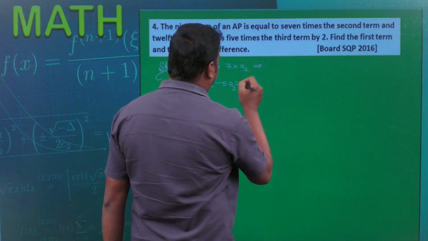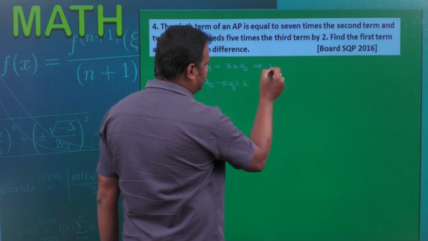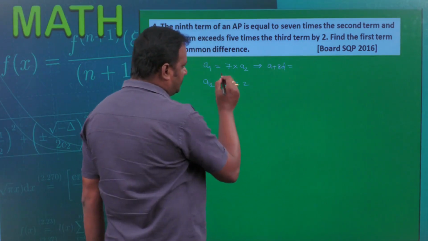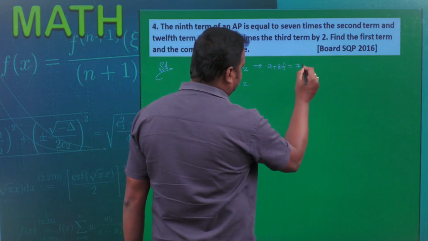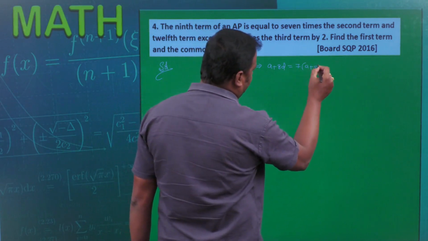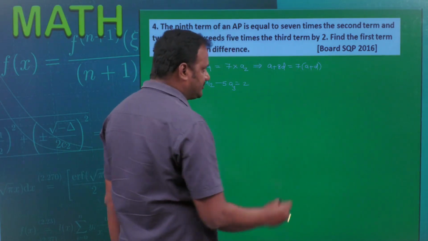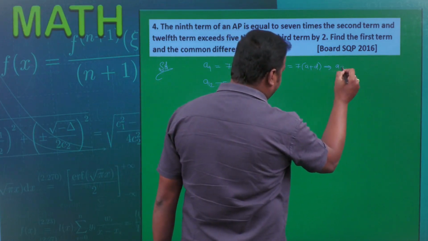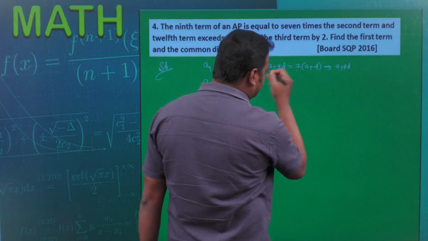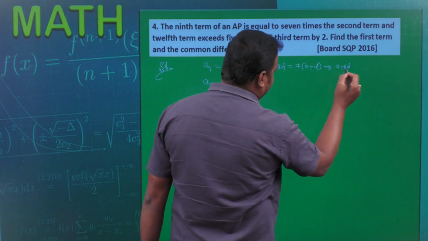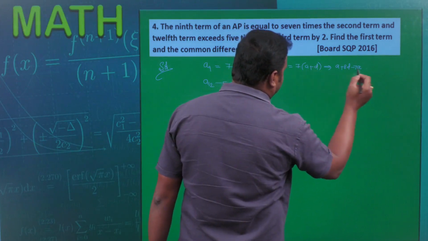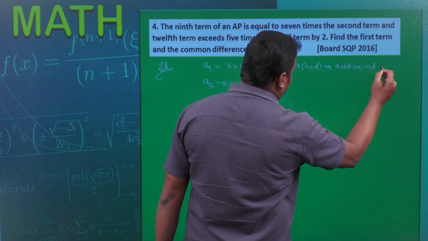Now I would like to write this. What is the formula for the ninth term? A plus 8D is equal to 7 times the second term. The second term is A plus 1D. If you simplify, this is A plus 8D. Transpose both the terms this side: A into 7 is minus 7A, 7 into D is minus 7D, equal to 0.